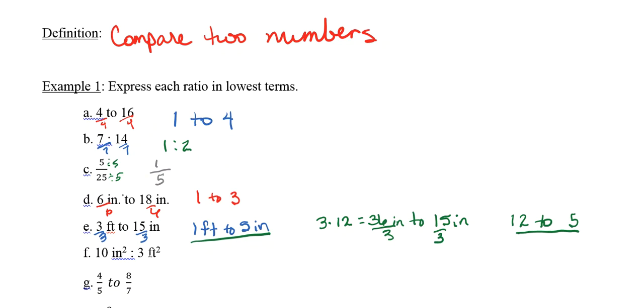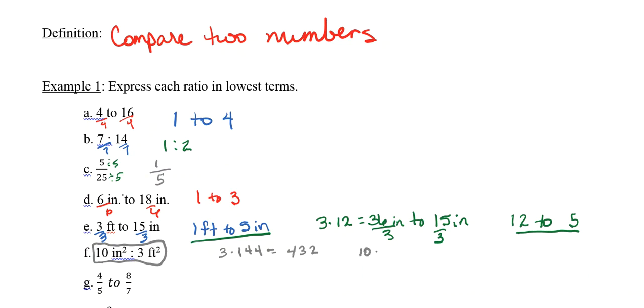Okay, so I have inches squared and feet squared. Neither one of them are divisible by anything, so this would be considered a reduced unit. Now if I went ahead and switched, there are 144 square inches in a square foot. So I'm going to multiply 3 times 144. So it's 432.